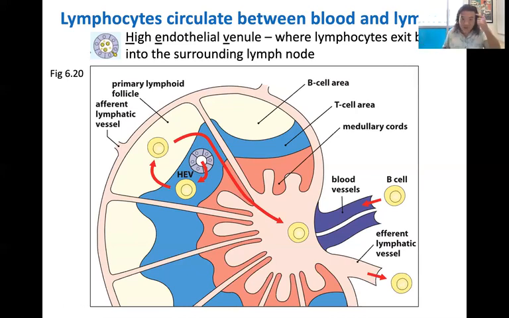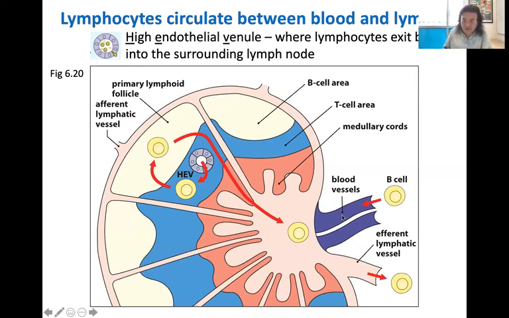And the whole point is, hopefully you can figure this out, this efferent lymphatic vessel, as it goes off the screen here, becomes the afferent vessel leading into the next lymph node. All right. So that's the lymph fluid.